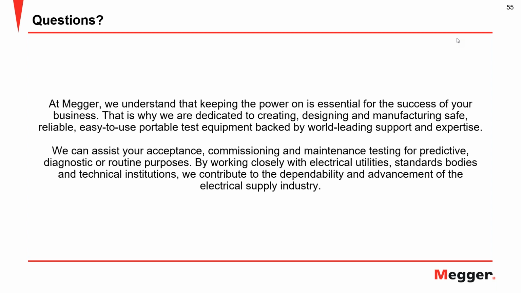Since the extinction voltage is below the operating voltage, once that cable settles back down to the operating voltage, that partial discharge will continue to take place and start deteriorating the insulation there.